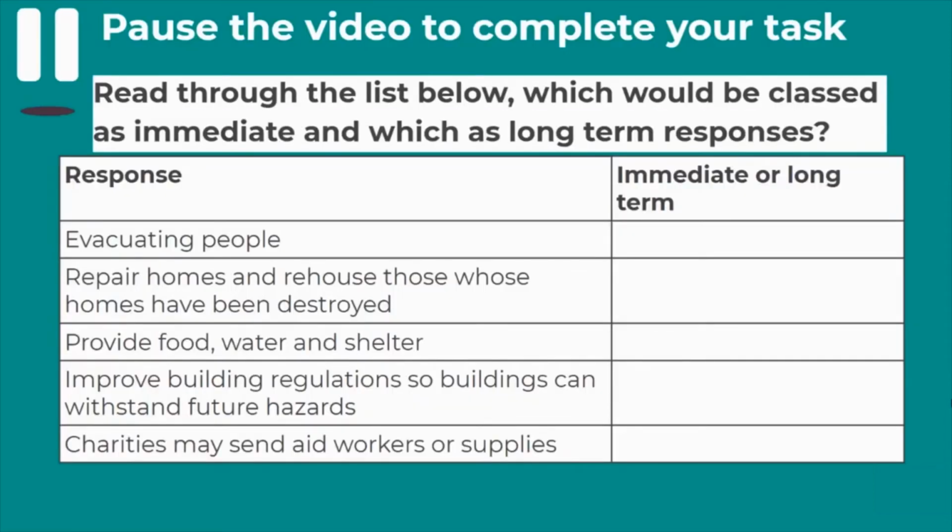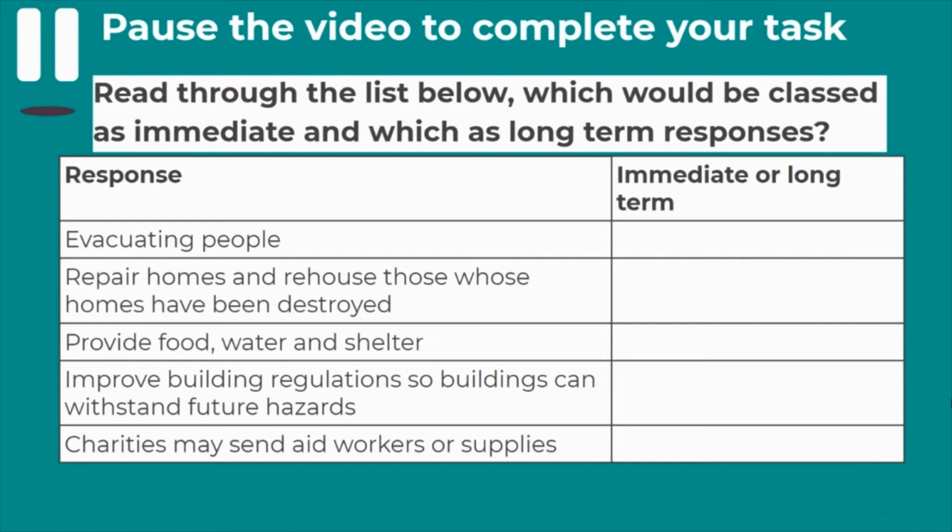Okay, so what I would like you to do now is this. I would like you to pause the video, read through the list below, and decide which of these you would class as an immediate response and which you would class as a long-term response.